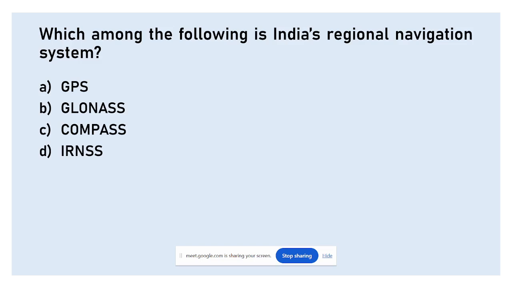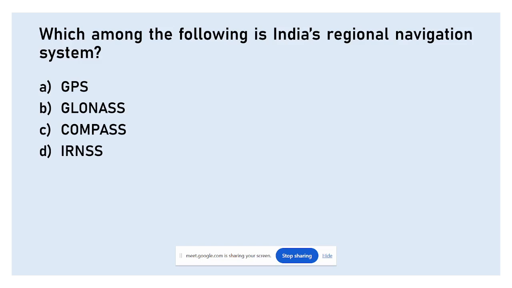Which among the following is India's regional navigation system? This is from your week 0. We have GPS, GLONASS, Compass, and IRNSS. Yeah, the answer is D, IRNSS, that is Indian Regional Navigation System.